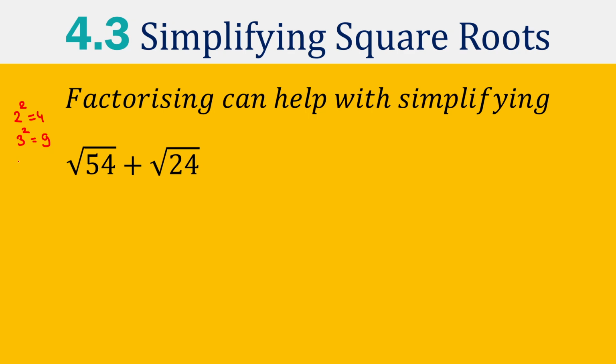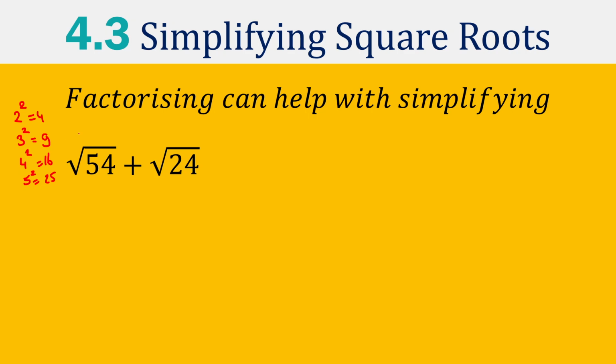But let's check just to be sure, because I have more squares that I can use. And I always want to try and find the biggest one. Well, here I'm done already, because 54 cannot be written as 16 times something and also not as 25 times something. The next one, 36, is too big. I know that cannot fit nicely. So I have to rewrite this as 9 times something.